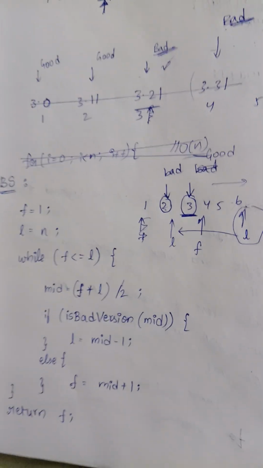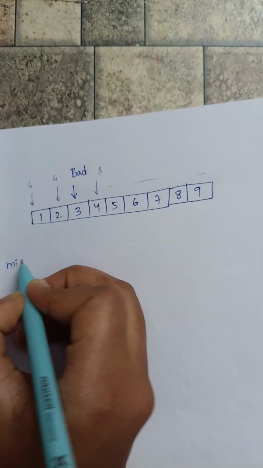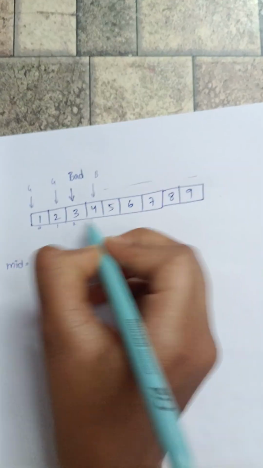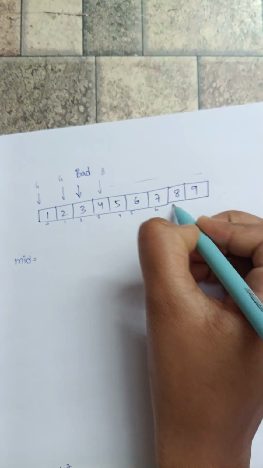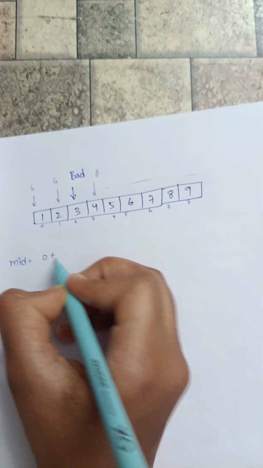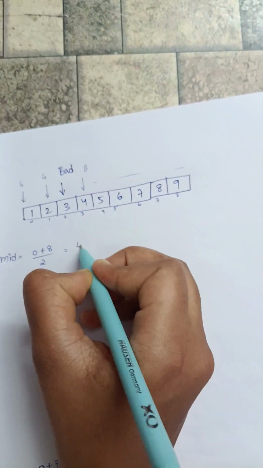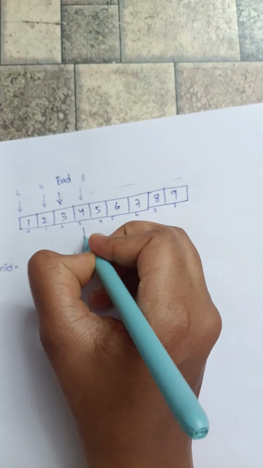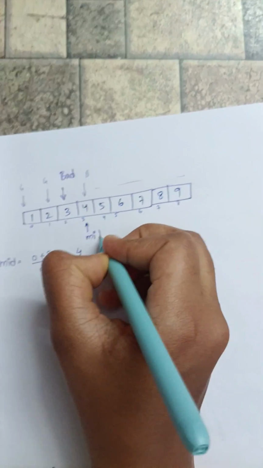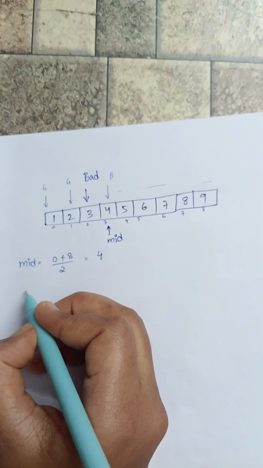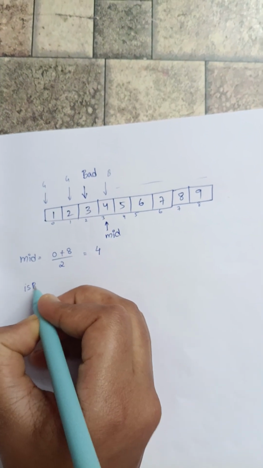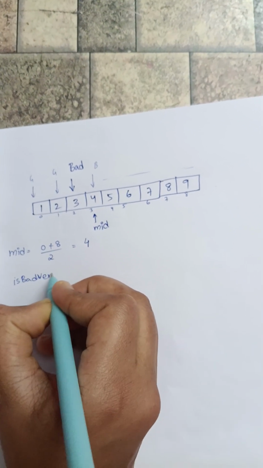Initially the value of f will be 1. We'll find the mid. Here we'll write the index positions. Mid is nothing but 0 plus 8 by 2, which is 4. So the first mid will be here. This is mid. We'll call the function isBadVersion of mid.